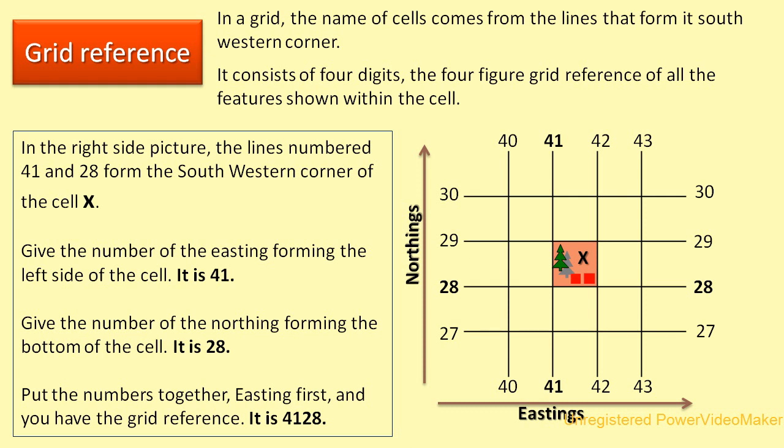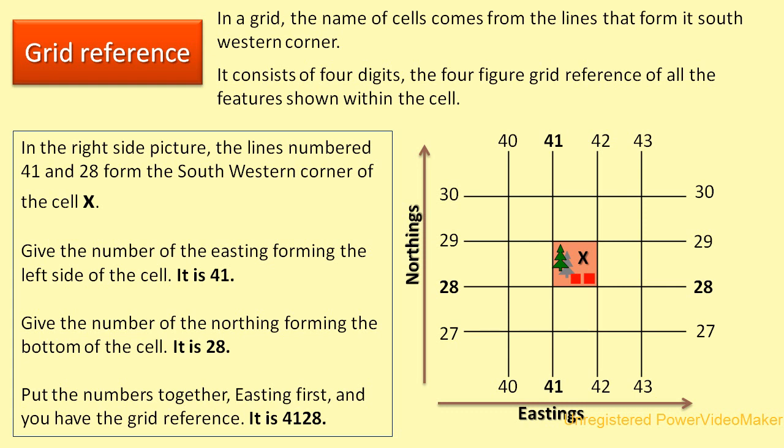So with the help of these numbers, we can give the name to that particular cell, that is 4128. The cell name is 4128.